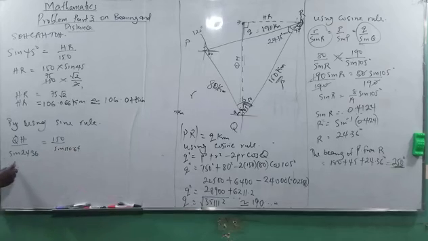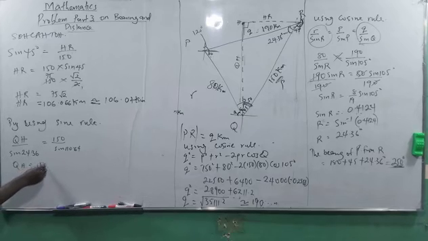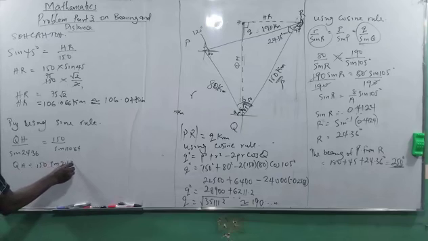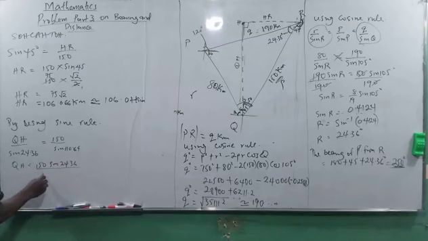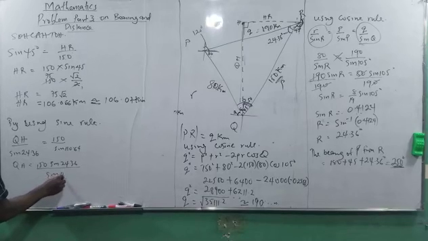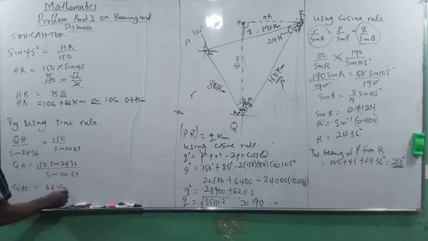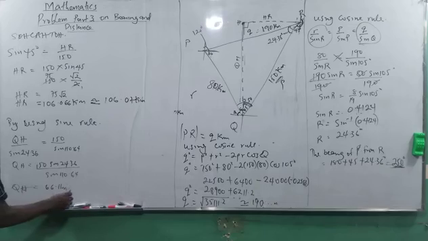Now, by so doing this, QH will be equal to 150 sine 2 divided by sine, which I'll be having QH equal to what? Now, that'll be 2 decimal places.